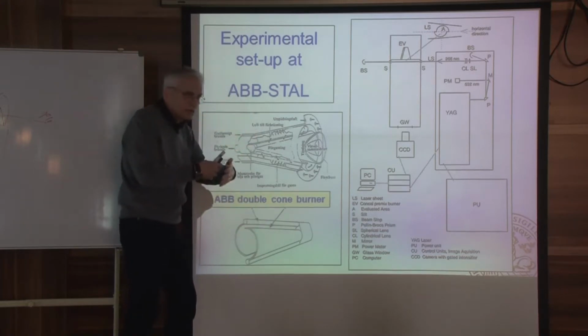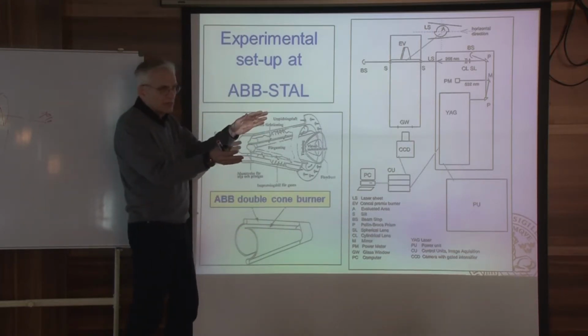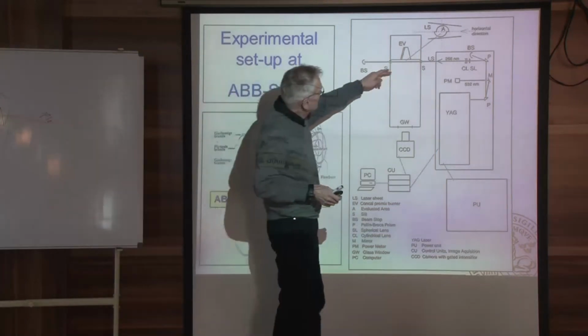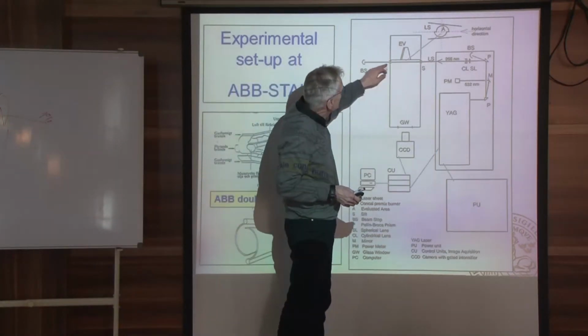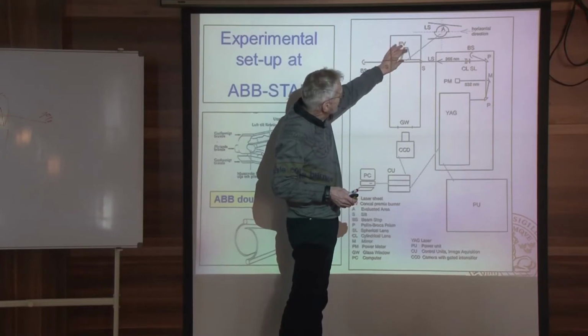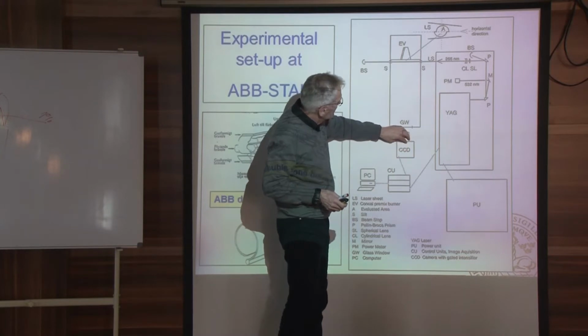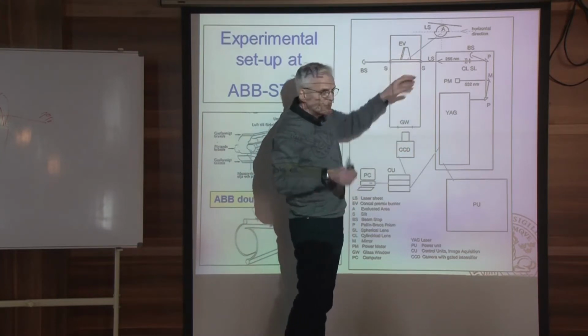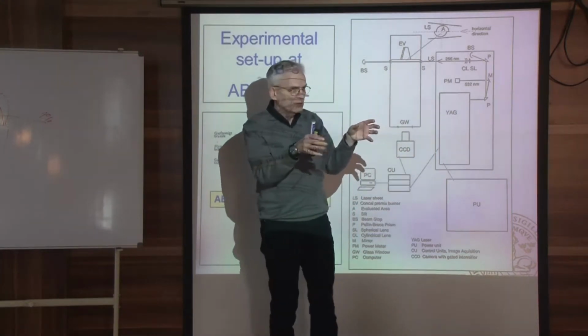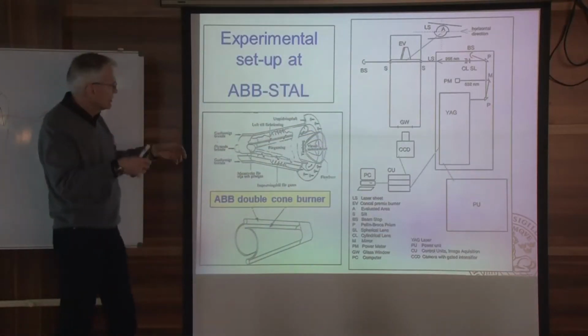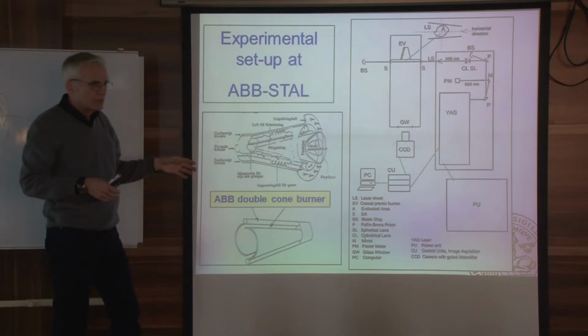So just outside we send this laser beam 2-3 decimeters, and then so the laser beam is coming here. Here we have the double cone, and then we have the detector and the camera looking straight into this. So we're looking right into, it was not burning, but we're looking right into the exhaust of this. And then we could see how well was the air-fuel mixed.